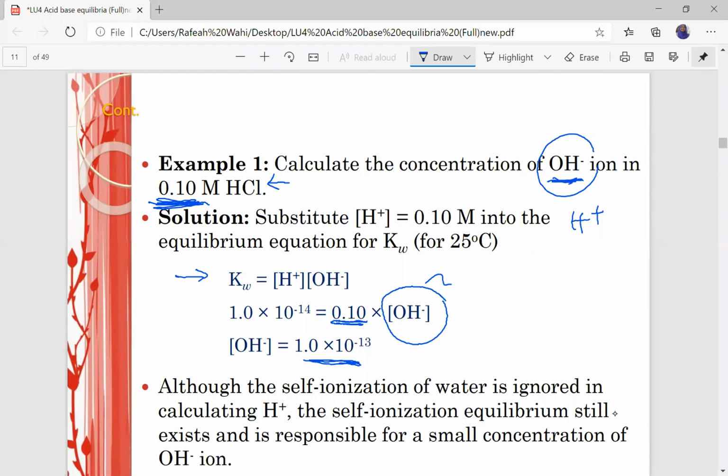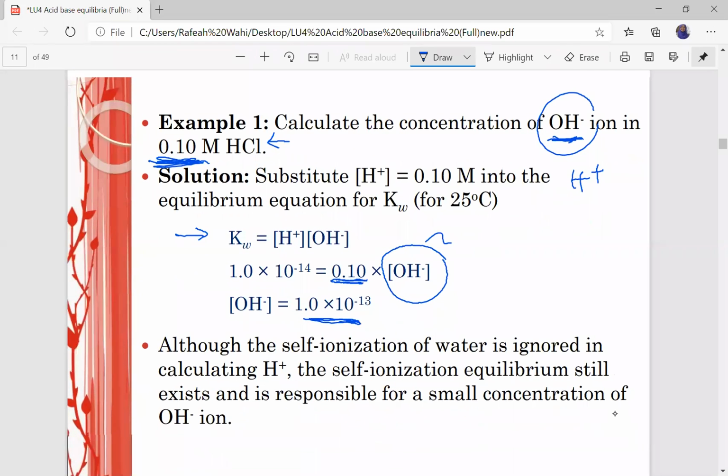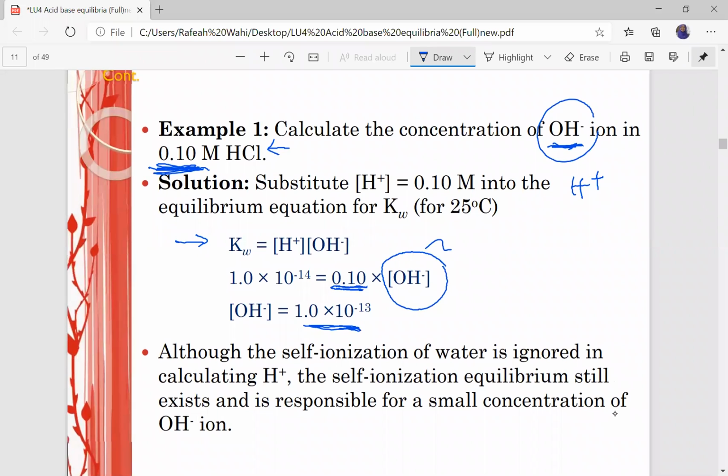Although the self-ionization of water is ignored in calculating H+, the self-ionization equilibrium still exists and is responsible for a small concentration of hydroxide ion. So this is the explanation why you have a conjugate pair.